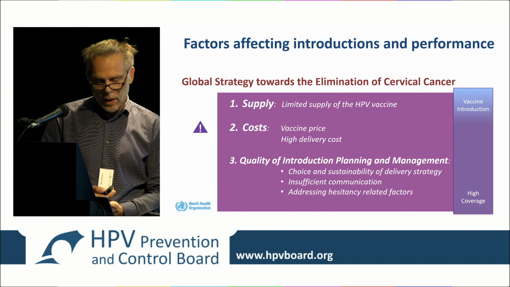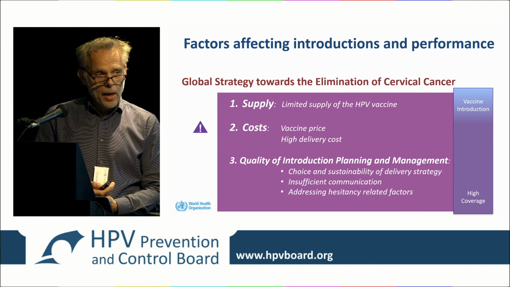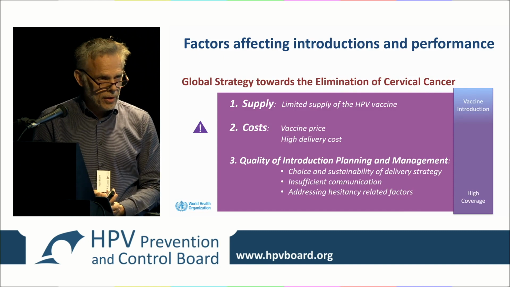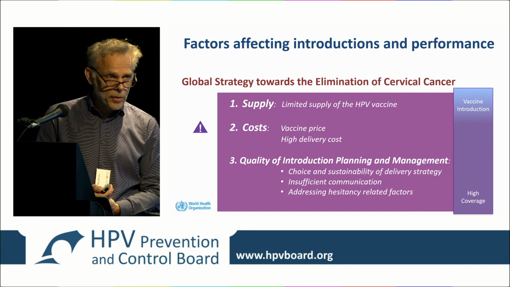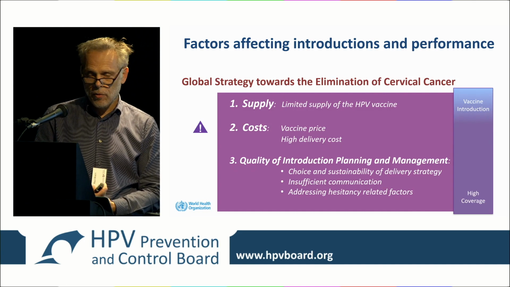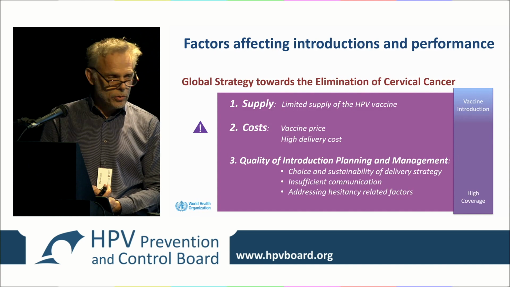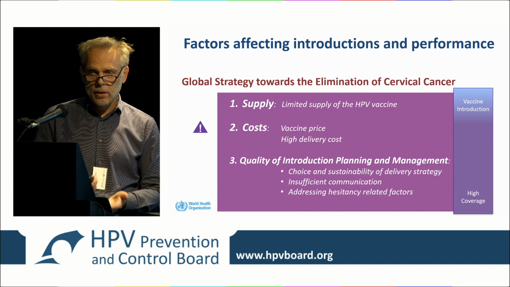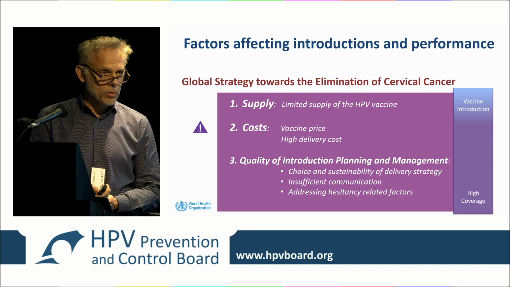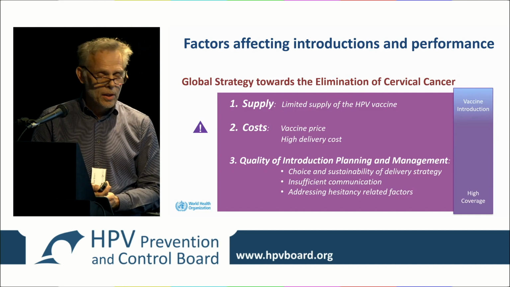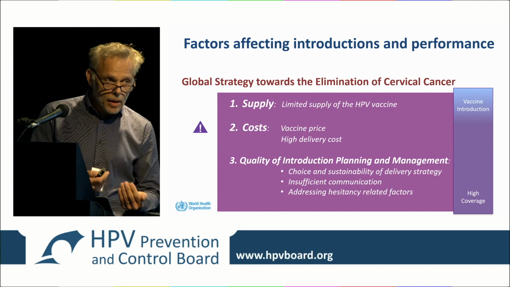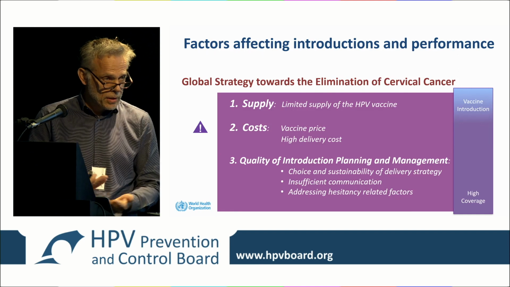But those are often discussions that end up affecting the coverage levels, because when the costs are very expensive, and we see this now in Africa in some of the Gavi countries introducing, they start to tinker with the delivery strategy, make it cheaper, and then the coverage levels go down. But that's what these countries have to do.